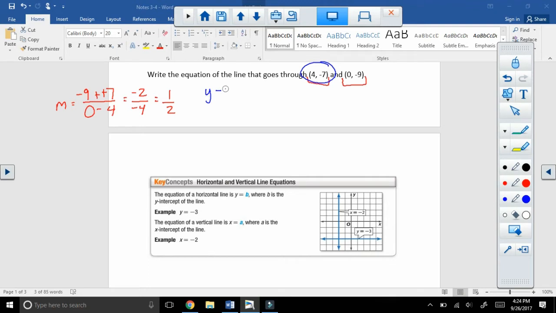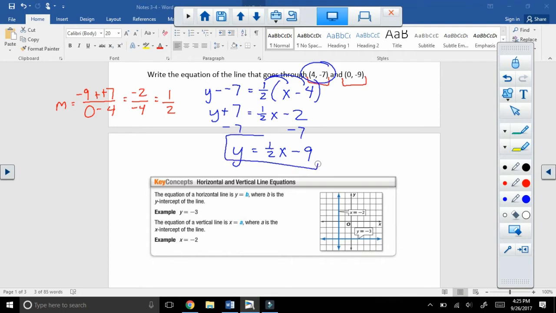So y minus -7 equals the slope, which is 1/2, times x minus the x value, and in this case the x value is 4. So when I rewrite this, this is going to be y plus 7 equals, and I'm just going to go ahead and distribute at the same time, 1/2 x minus 2, and then I can subtract 7 from each side, so y equals 1/2 x minus 9.